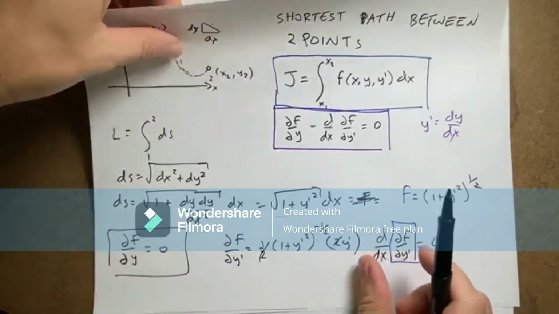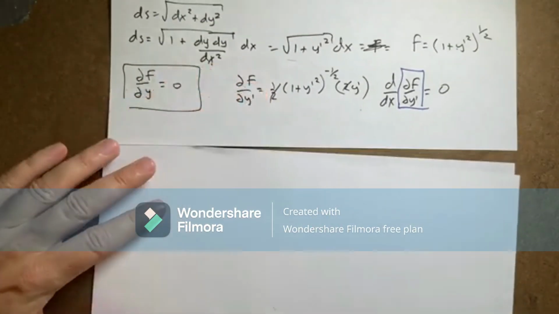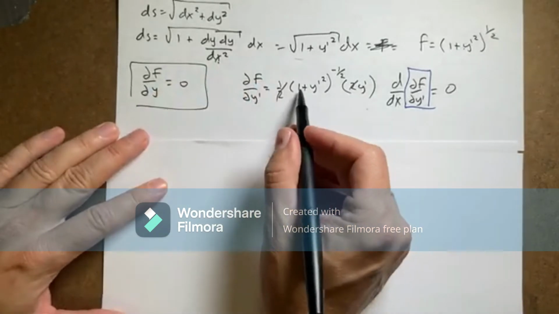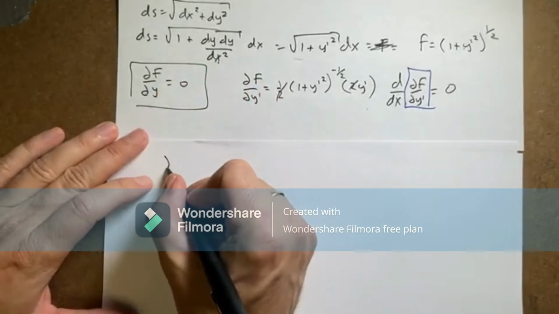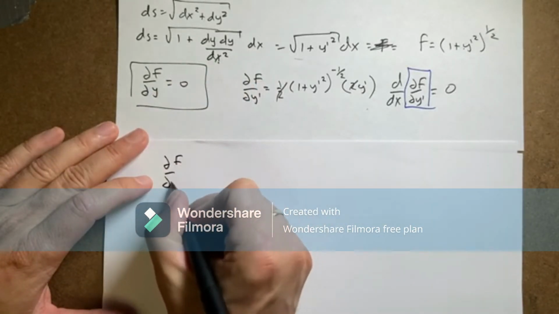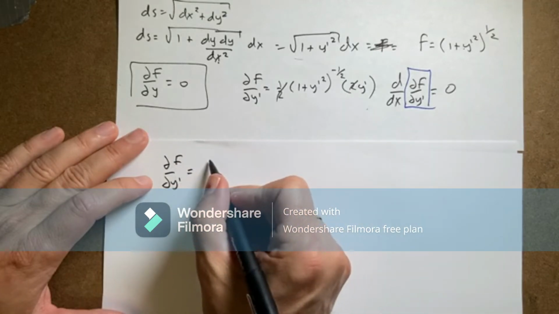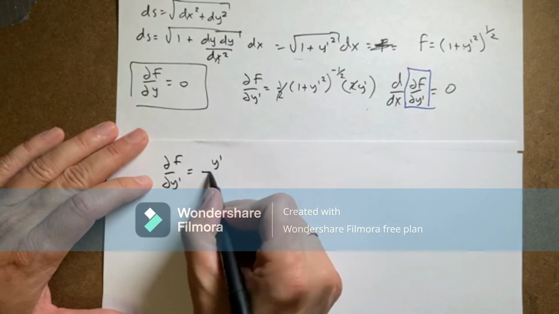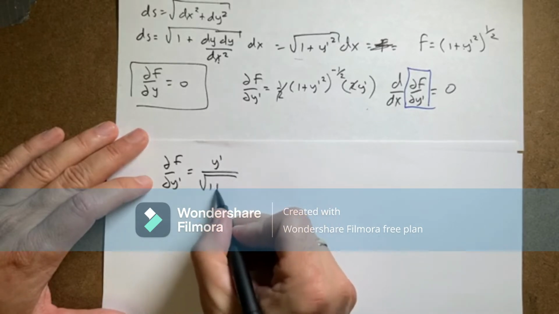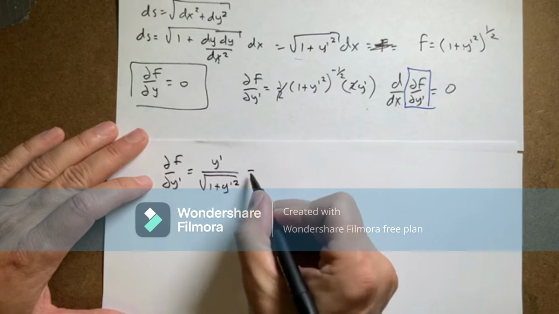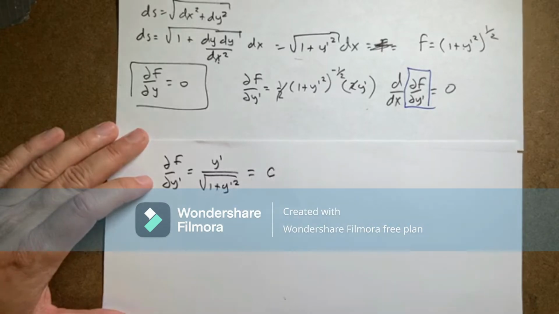Okay, so let me move to my next page, and I will say this. Here's my function. Partial of f with respect to y prime, it's going to be this stuff. I'm going to write it as y prime divided by the square root of 1 plus y prime squared equals c, some constant.